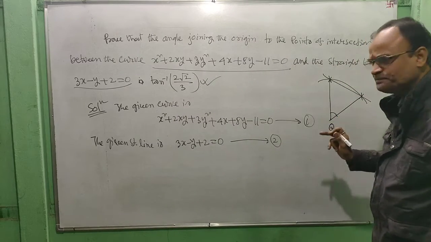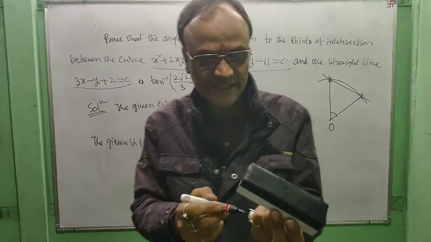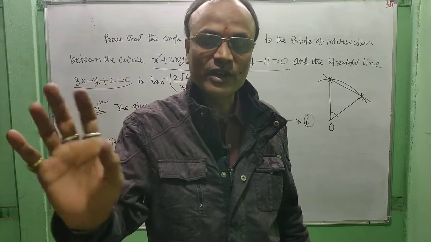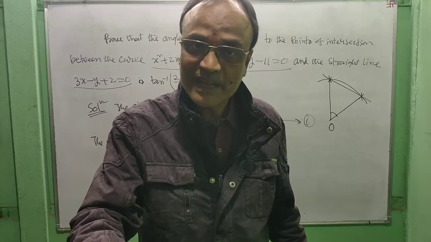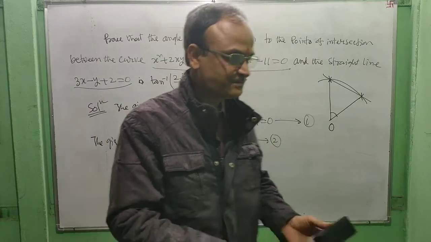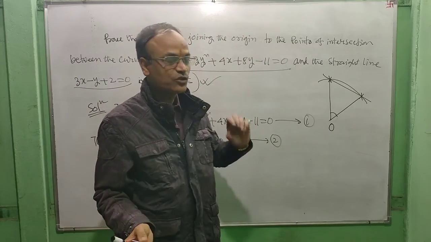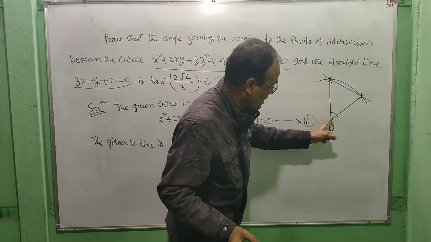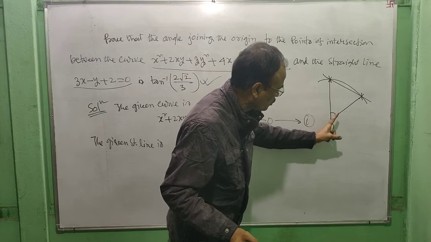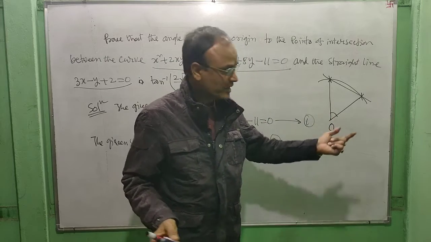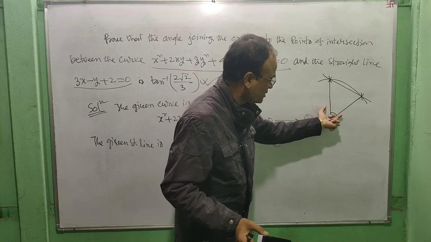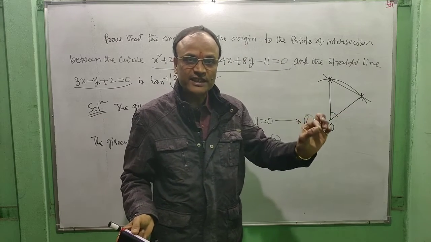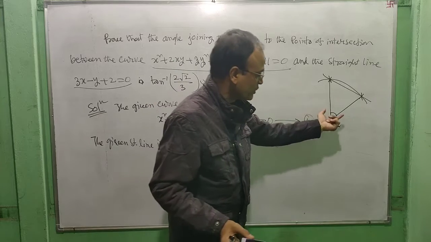Now you see that a homogeneous equation of second degree of the form ax square plus twice hxy plus by square equal to 0 represents a pair of straight lines passing through the origin. Since these 2 straight lines pass through the origin, the combined equation of the straight lines will be of the homogeneous form, that is ax square plus twice hxy plus by square equal to 0.